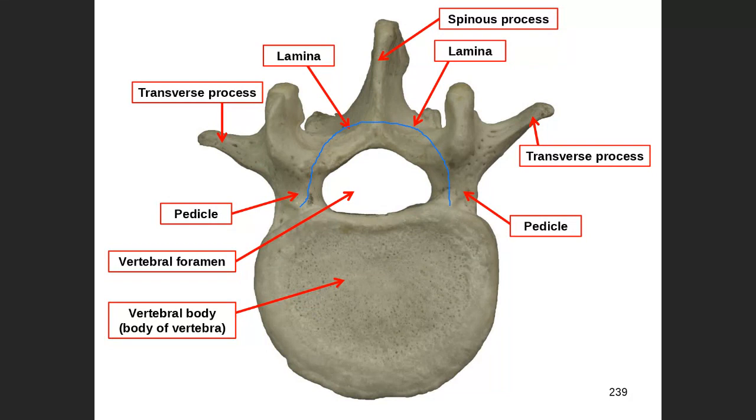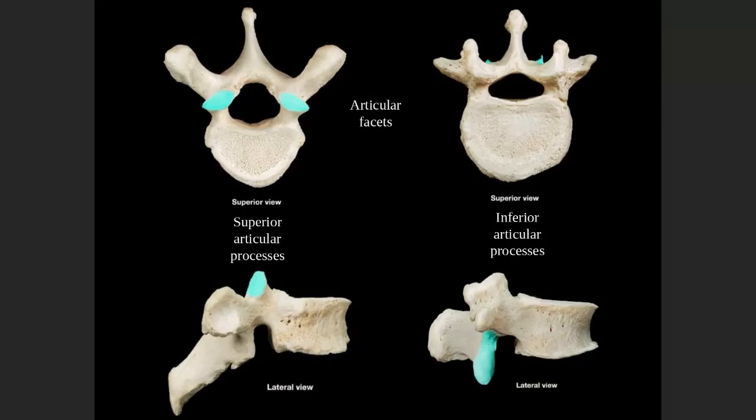All right, so I do want to talk to you about what articular facets and articular processes are. The articular facet is part of the articular process. It is the smooth, flat surface found on the articular process.